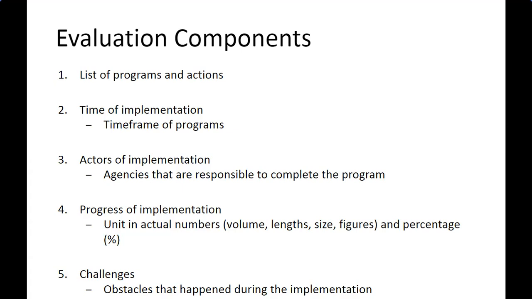For land use, we can use size, hectares, or maybe square kilometers. And then we can also use percentage to understand the progress. So this is 40% of 100%, or in size 40 hectares out of 100 hectares, for example. By using these units, we can exactly measure how far, how complete the programs and actions have been implemented.